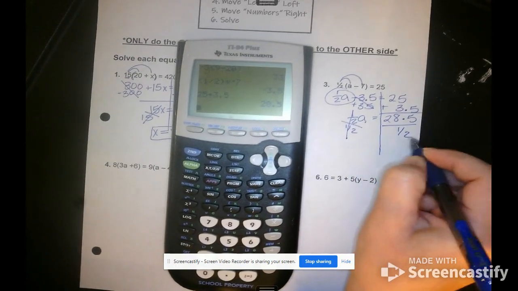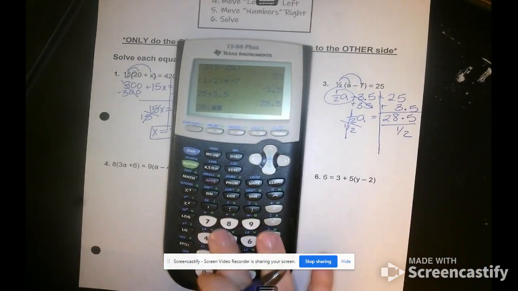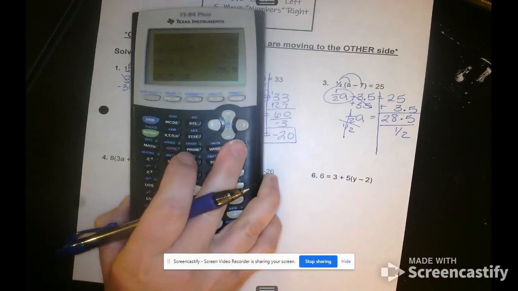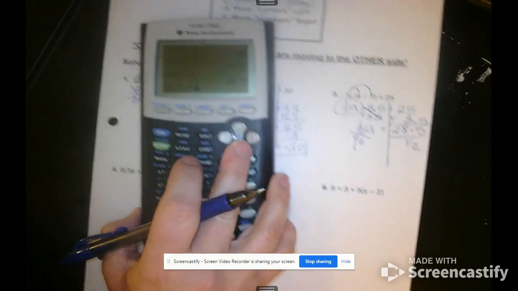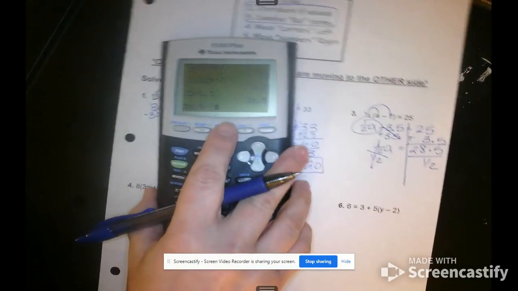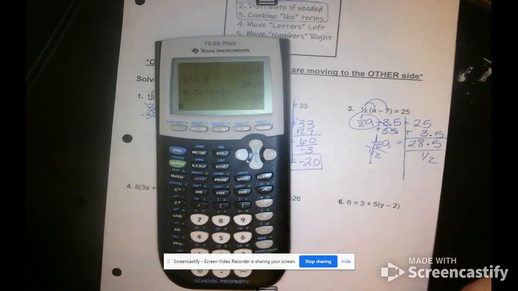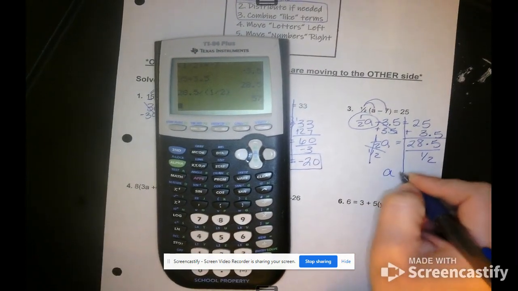Okay, so I can plug that into my calculator. I can do 28.5 divided by, what do I have to do when I divide by a fraction? Parentheses. If I don't do parentheses, it is not going to give you the correct answer. And that gives me 57.